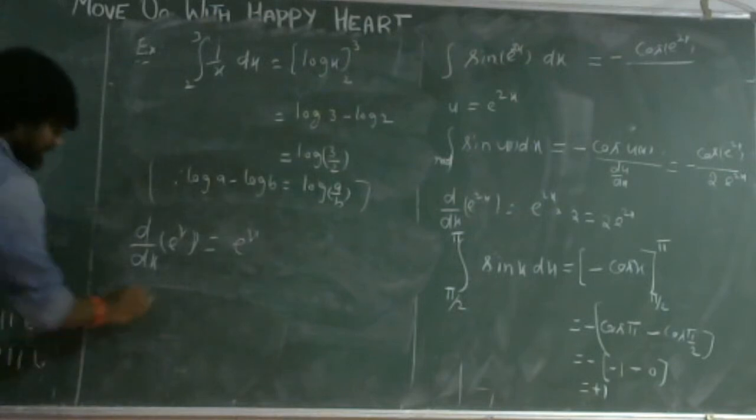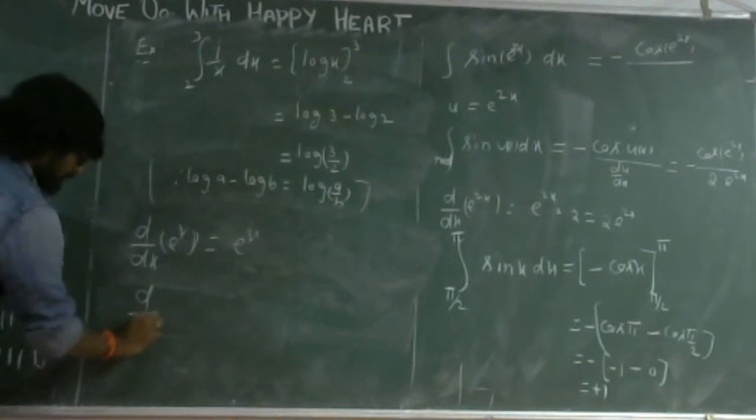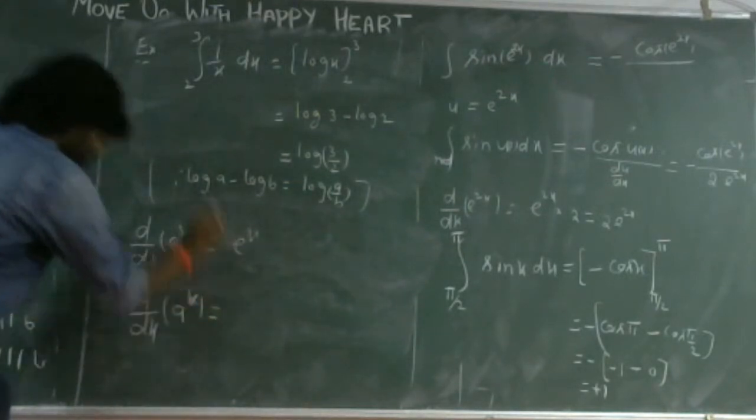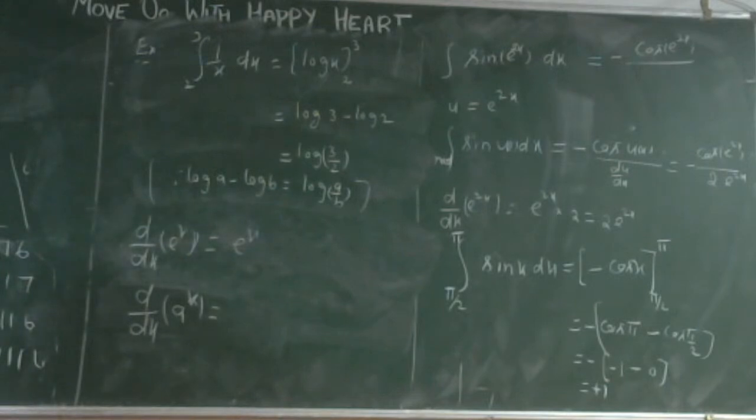Instead of that, if you have d by dx of a power x, like 2 power x or 3 power x, 4 power x, like that. It is not a polynomial function. If it is x power n, then you can take n into x power n minus 1.